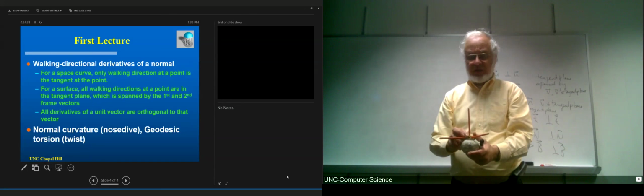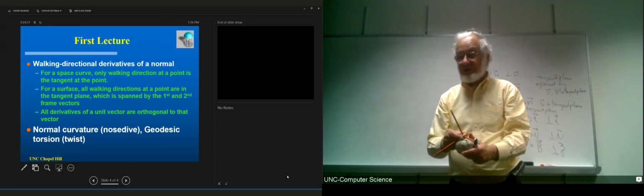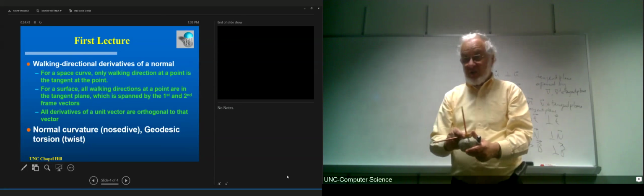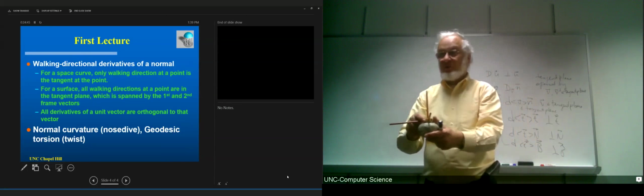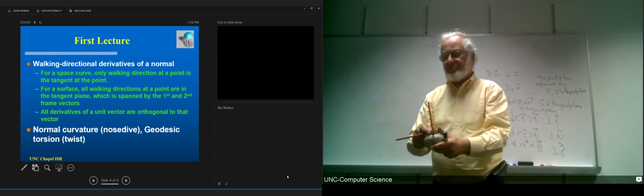Another way of thinking about that is you're going to have a hinge about which it swings, and it's going to swing into the direction orthogonal to the hinge that it's swinging about. Okay, the hinge is just the axis of rotation of that normal vector. Okay, so we have this hinge direction in the tangent plane. We have the direction orthogonal to it, and the normal is going to swing in that direction orthogonal to the hinge.